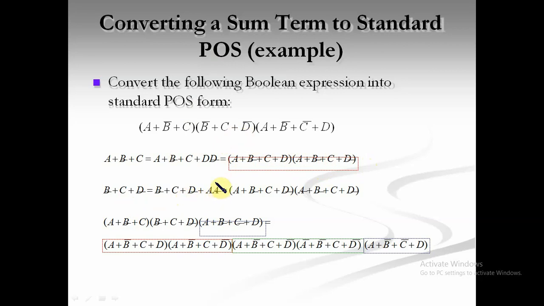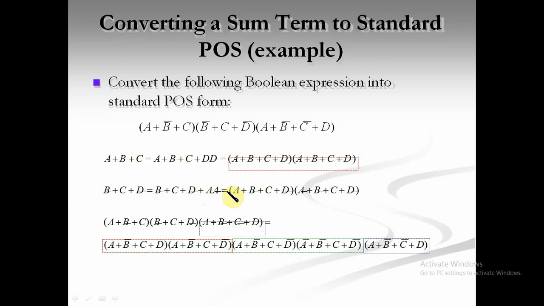The a term is missing, hence we add a bar here, the same b bar plus c plus d bar. Here the bar came downward by mistake. It is b bar plus c plus d bar plus a bar.